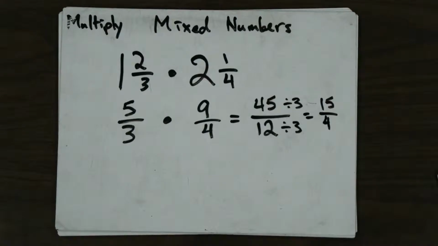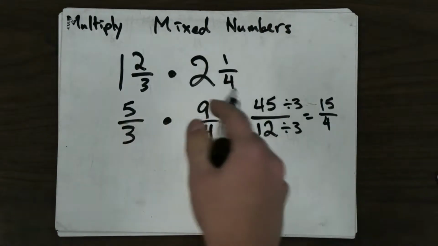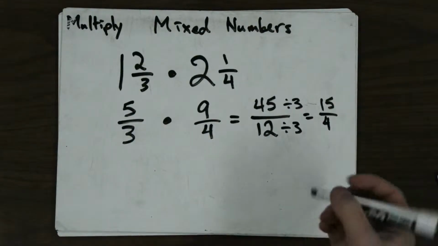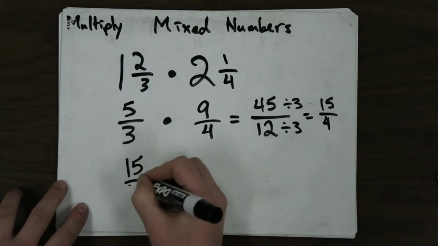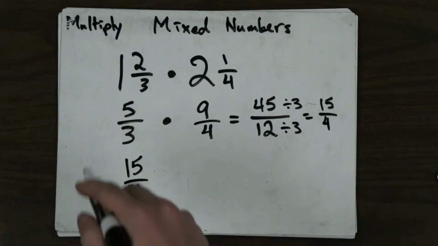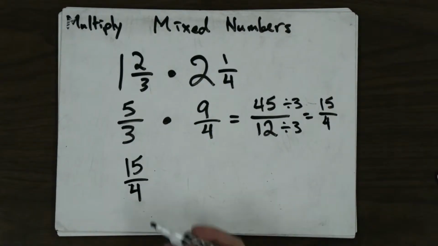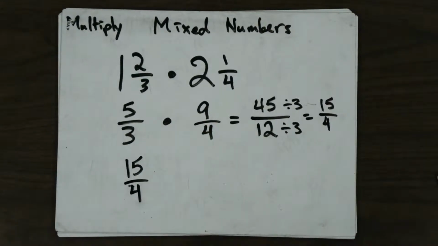However, this is an improper fraction. This is technically the correct answer, but I want to change it back into a mixed number because that was the form of the numbers when I first started the problem. So I'm going to take 15/4 and change it from an improper fraction into a mixed number. So I have to think about how many times 4 will go into 15 without going over 15?